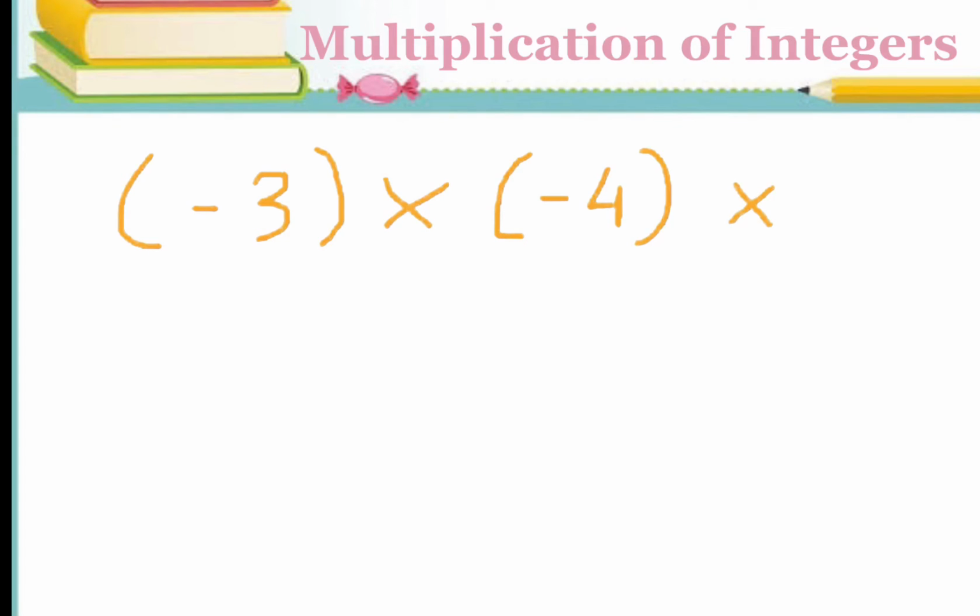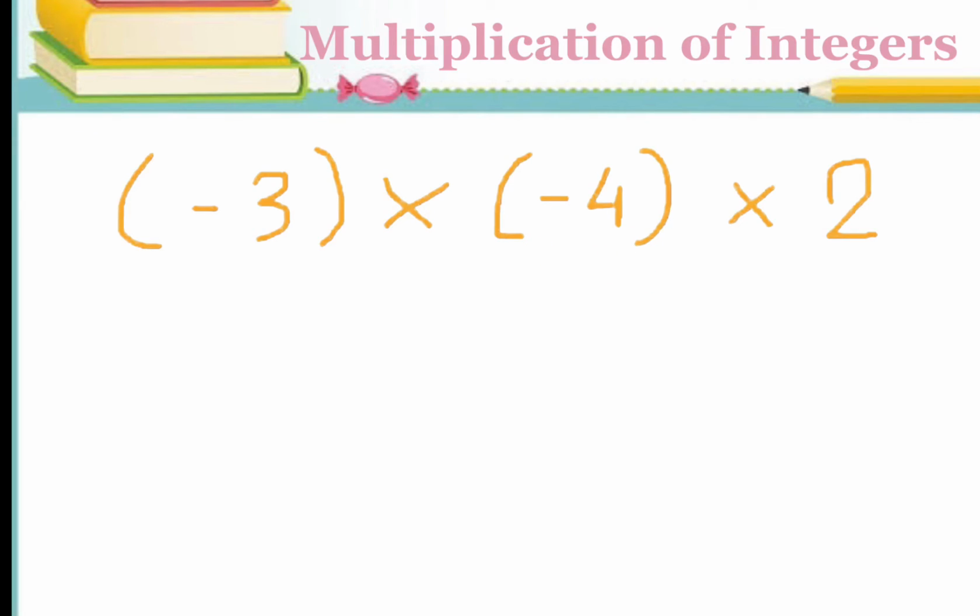For example, the next question asked to you is minus 3 multiplied with minus 4 multiplied with 2. As you can see, this is a negative integer and this is also a negative integer, so minus and minus becomes plus.